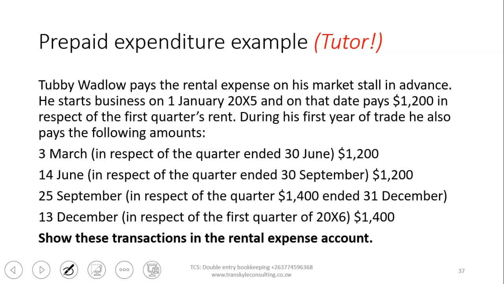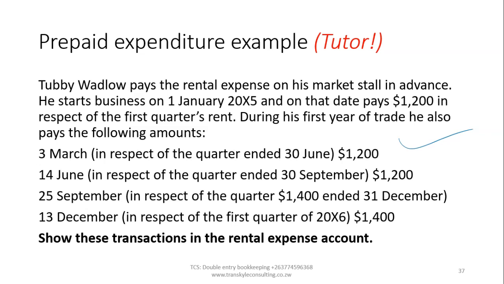Wardlaw pays the rental expense on his market store in advance. He starts business on 1 January 2005 and on that date pays 1,200 in respect of the first quarter's rent. During his first year of trade, he also pays the following amounts.